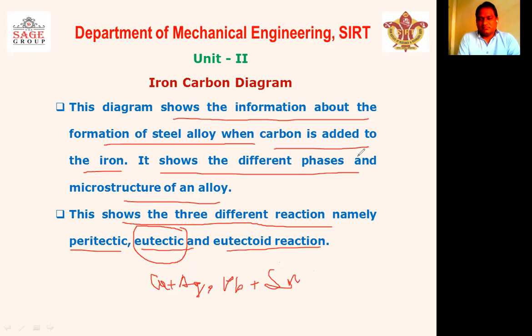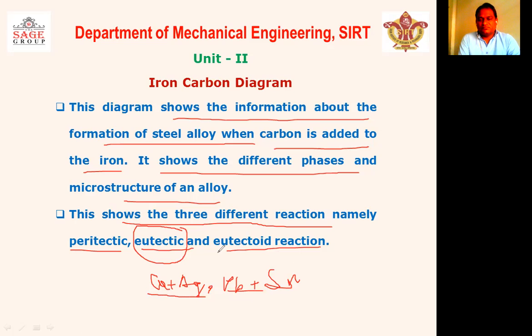These are also known as phase reactions, and they are responsible for the transformation of phase from one form to another form under equilibrium conditions. For the eutectic alloy, we considered copper and silver, and lead and tin.